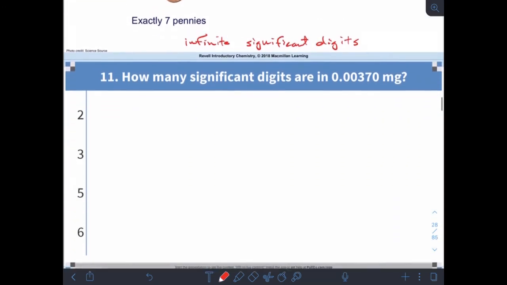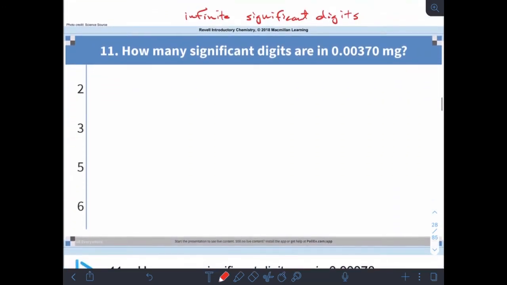All right, so let's do a little practice with identifying the number of significant digits in a given number. Okay, so thinking about our rules, trailing zeros count, leading zeros don't count, and any non-zero does count, and any zero between non-zeros counts. Right? So looking at the number we have, these zeros right here are leading zeros, so they don't count.